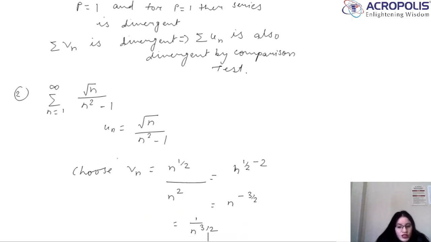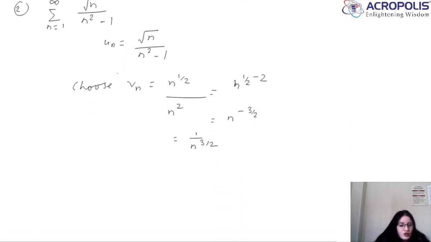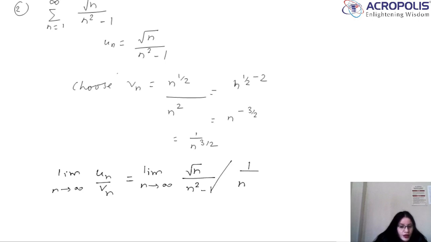Now we take the condition limit n tends to infinity, Un divided by Vn. Limit n tends to infinity, Un is root n divided by n square minus 1, and Vn is 1 divided by n to the power 3 by 2.